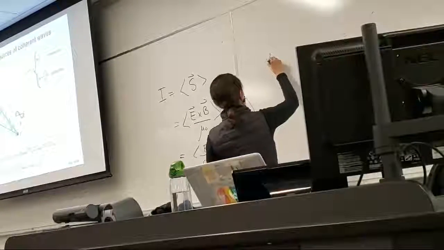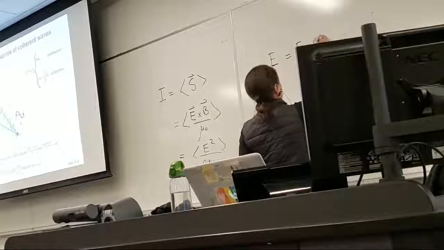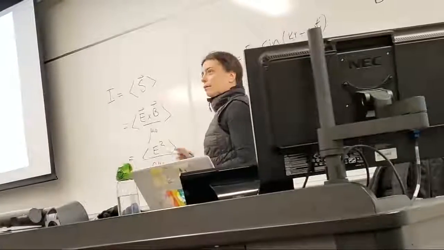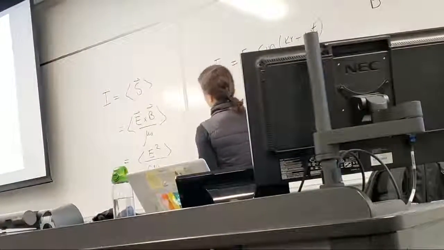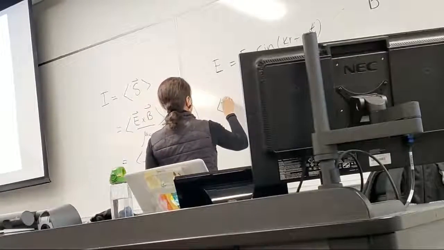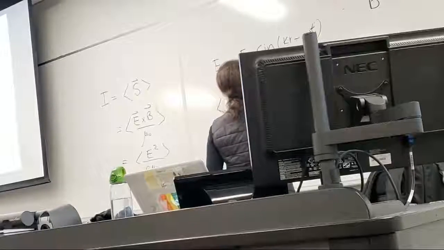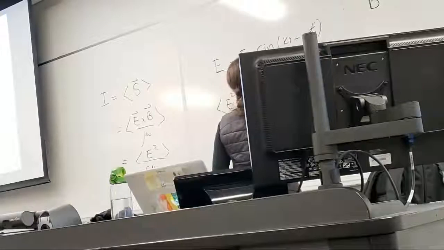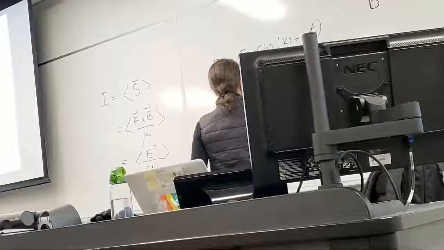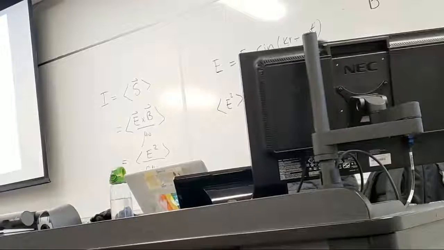E is an amplitude, and then we have, for example, sine of kx minus omega t, right? So I have to take the average of this squared function. The average of E squared is equal to the average of E0 squared sine squared of kx minus omega t, which is equal to E0 squared times the average of sine squared of kx minus omega t.